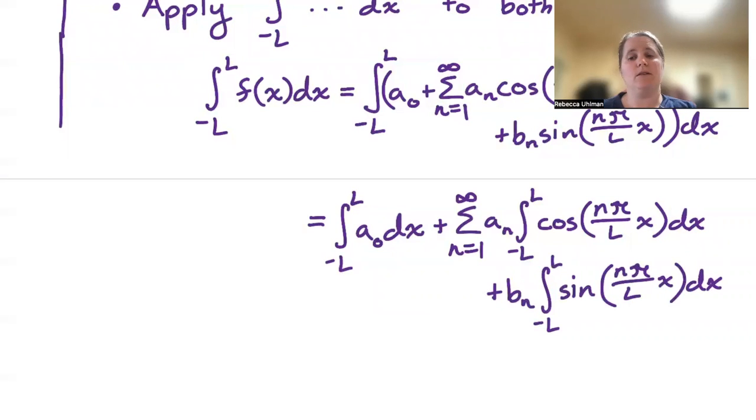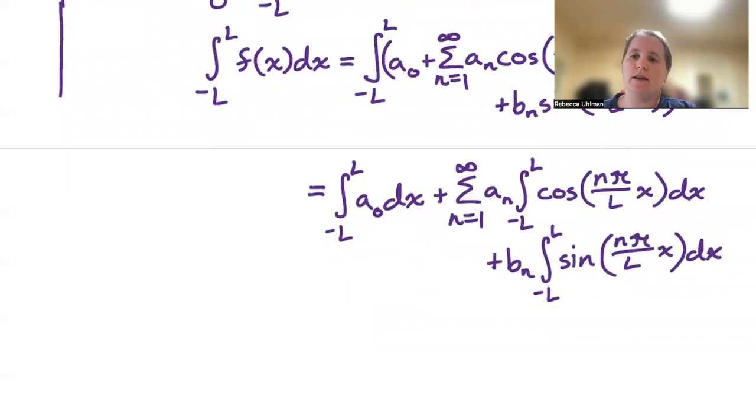Note the integral from negative L to L of cosine n pi over L x and the integral from negative L to L of sine of n pi over L x are both 0, as we saw in the orthogonal functions video.